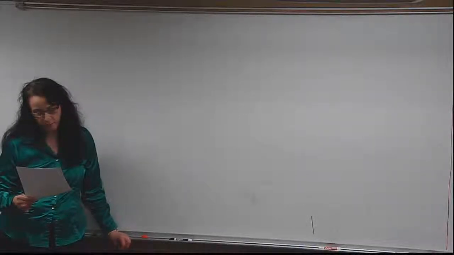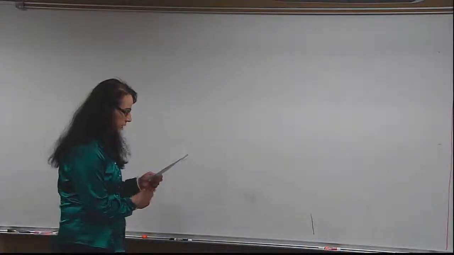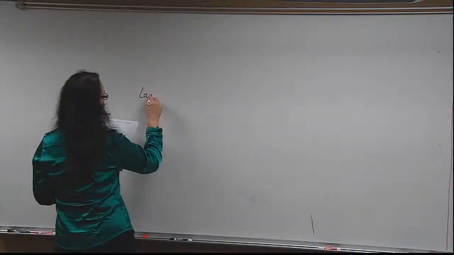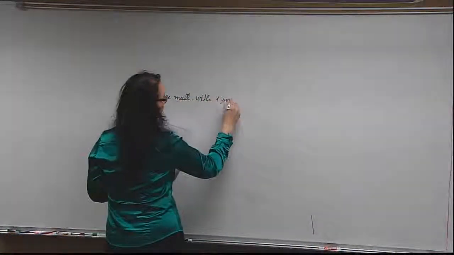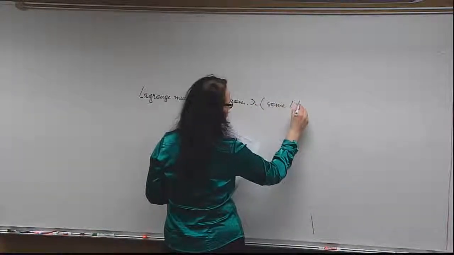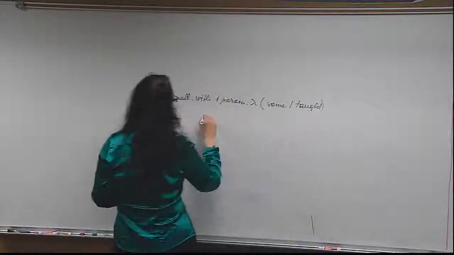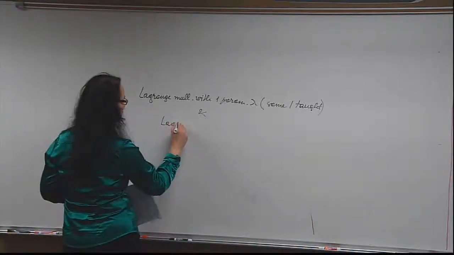For 1 point extra credit for the next 7 days, read and summarize both of the following methods: Lagrange multipliers with one parameter lambda, which is exactly the same I taught you, and one that is not required for the examinations, which is Lagrange multipliers with two parameters.